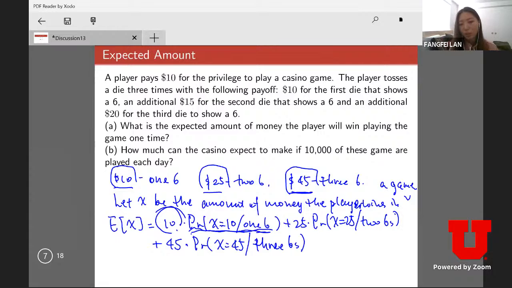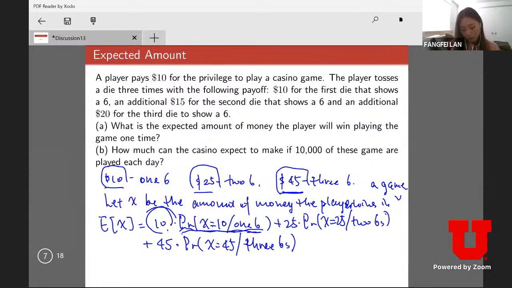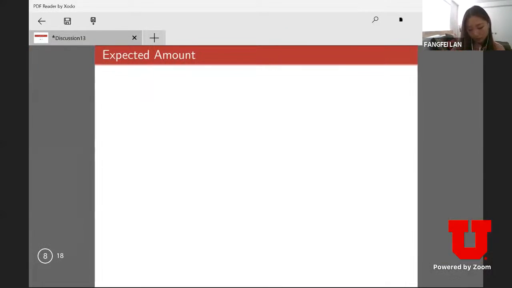So how do we compute each of these probabilities? The probability of one 6 is what?